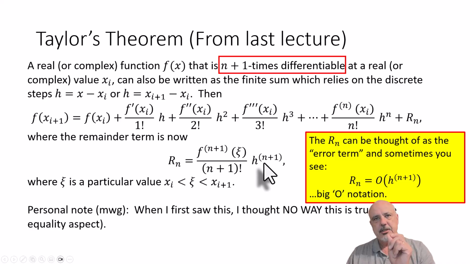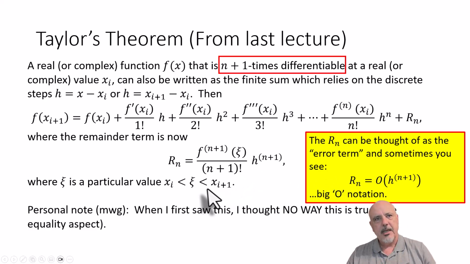When your h is to an n plus 1 power, that should be minute. And then you're dividing by something factorial, and as you get to n plus 1, you should be dividing by a big number. So unless this n plus 1 derivative is very, very sensitive, that's the only way that this remainder term can get big. But generally, this remainder term is small, and that's why being of a higher order helps us.